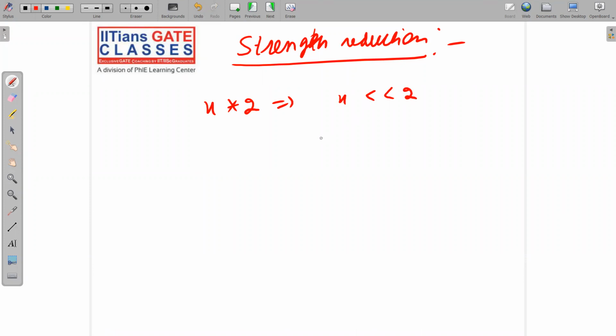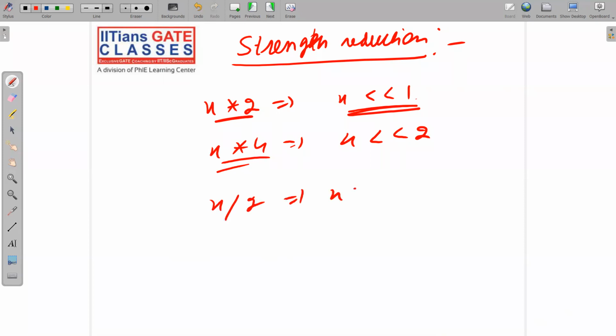I think you already know about left shift and right shift, you have studied in computer architecture. X multiplied by 4 can be done by x left shift 2. Similarly, x divided by 2 can be done by x right shift 1. X divided by 4 can be done by right shift 2.